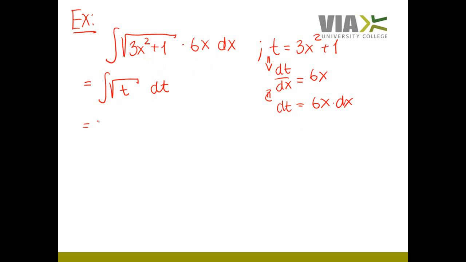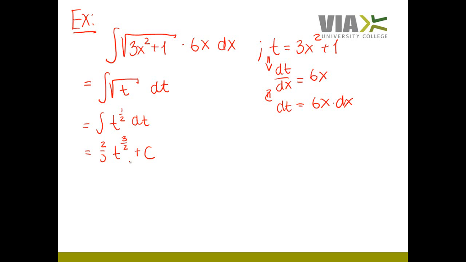We remember that the square root of t is the same as t to the power of 1/2. And that one is one of the simple integrals which we know how to solve. So that is equal to 2/3 t to the power of 3/2 plus c.